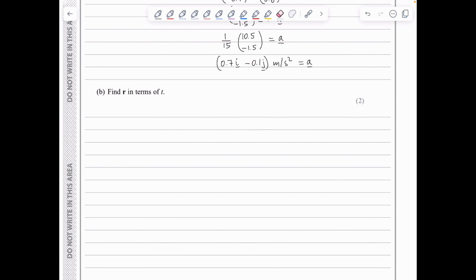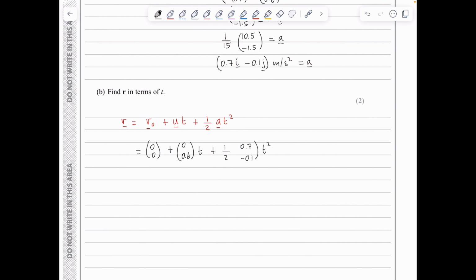In part B, we are asked to find r in terms of t. Well, we know that the position vector r is given by the initial position vector r naught plus ut plus a half at squared. We are told that initially we were at the origin, so we were at 0, 0. The initial velocity u is given to be 0.6 times t, plus a half times the acceleration vector, which is 0.7, negative 0.1, and that's t squared.